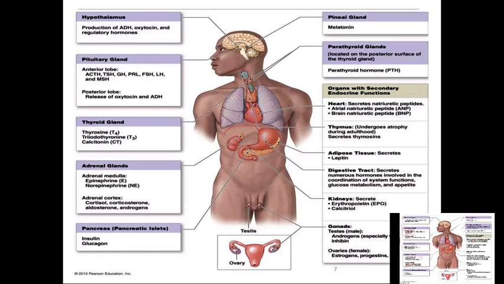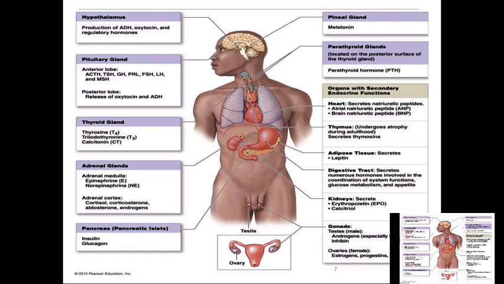The gonads, whether it's the testes or ovaries, they make sex hormones, and we'll get into some detail with those. So really, when you look at this picture, you're like, wow, endocrine system is part of every system, including the lungs. We didn't even mention the lungs, but the lungs produce ACE, or angiotensin converting enzyme.